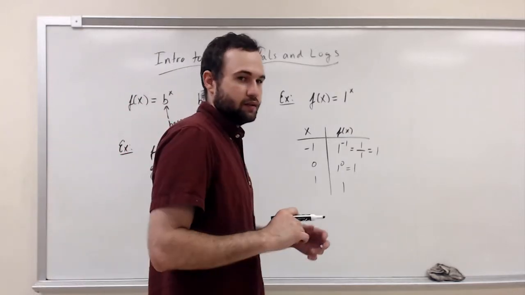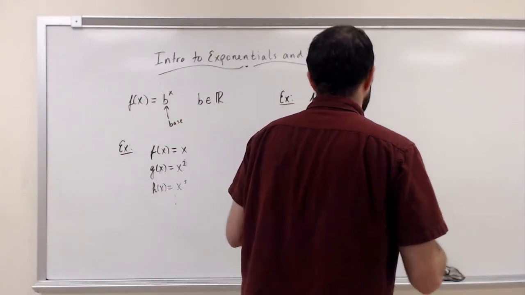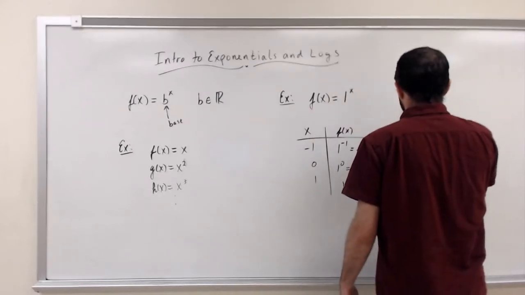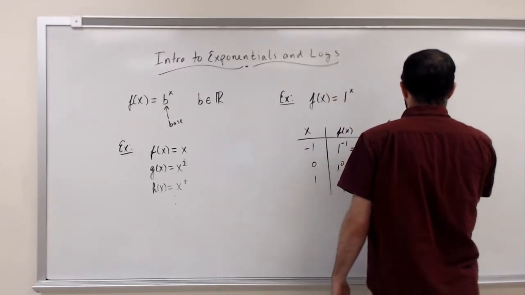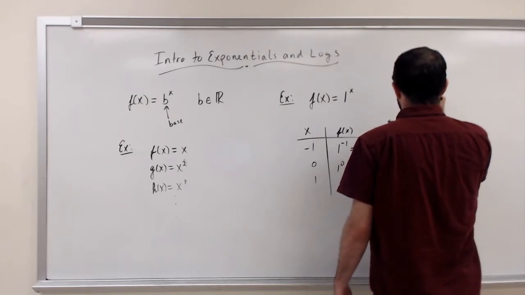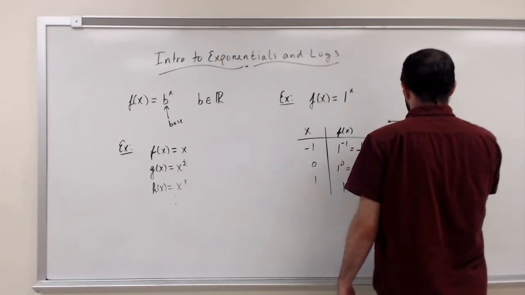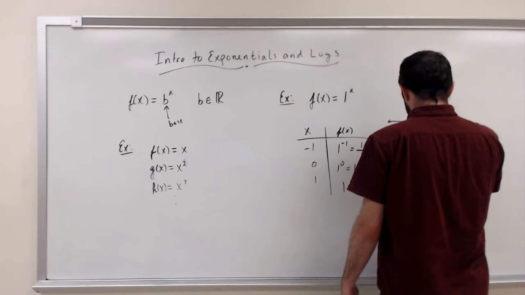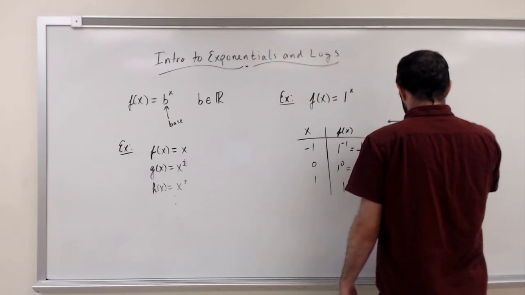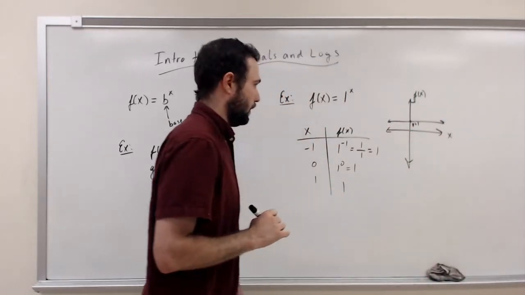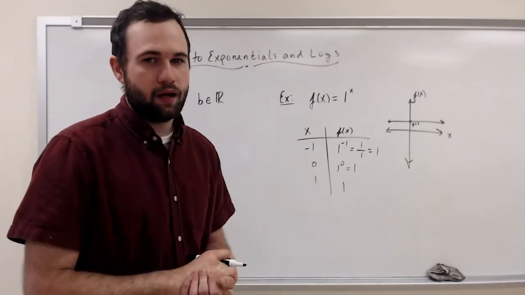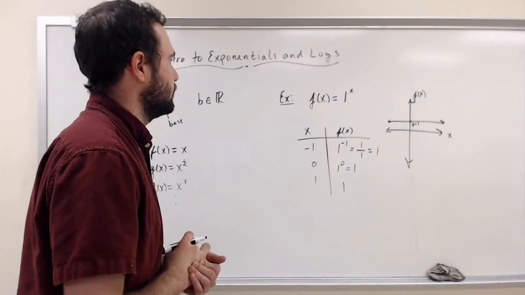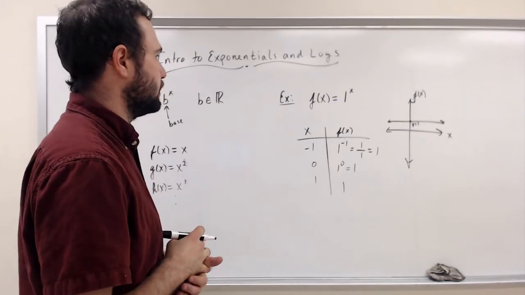So this function is quite boring because its graph just looks like this, going through 1. It's just a line y equals 1. So a very boring pathological case in terms of what an exponential function can be.